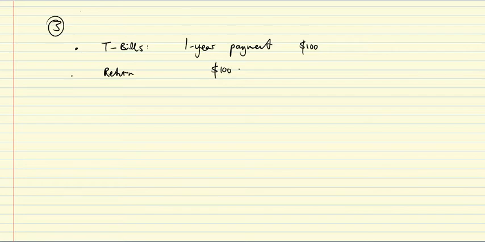So we're considering only these T-bills that have 1 year maturity, and within that 1 year the bond pays $100. Now, what is then the return on the bond? The return on the bond is, of course, what you get for it in that 1 year's time, less what you pay for it today, divided by what you pay for it today. So that's the rate of return on the bond, and that is what we'll call I, the interest rate.